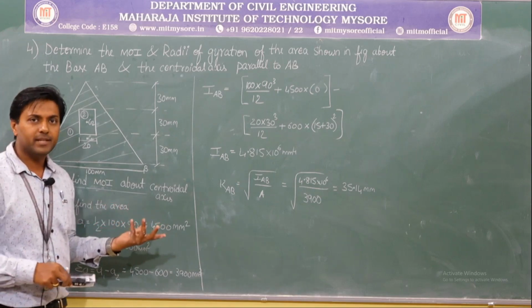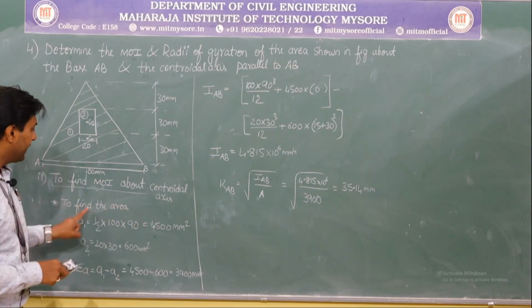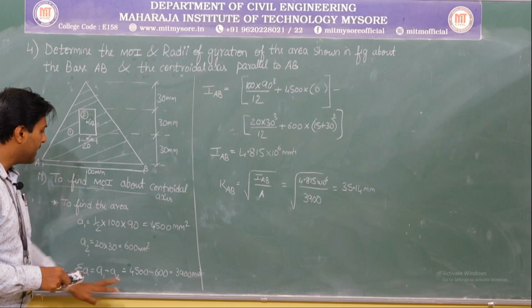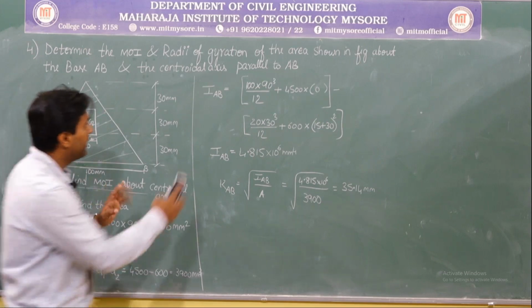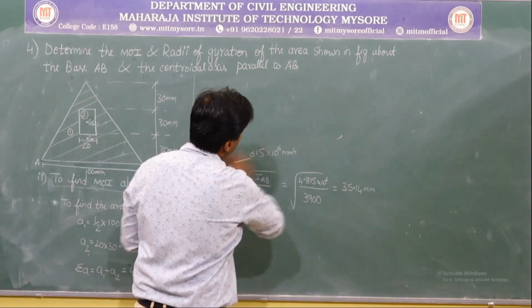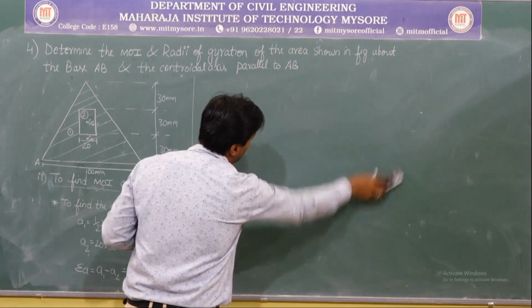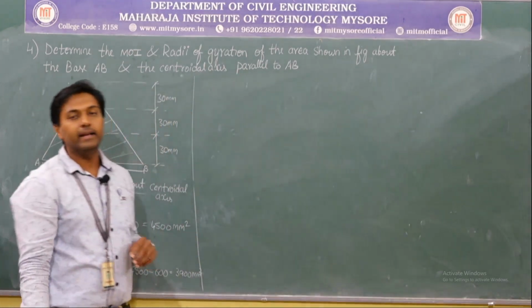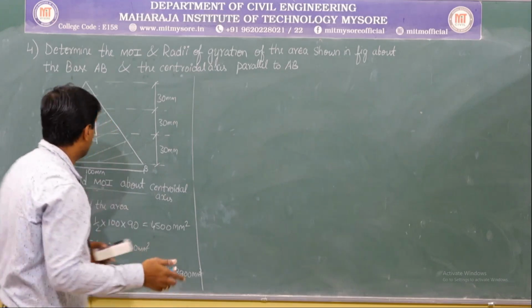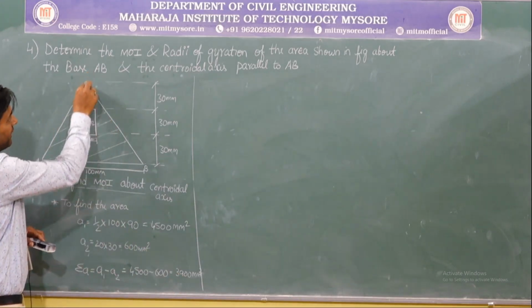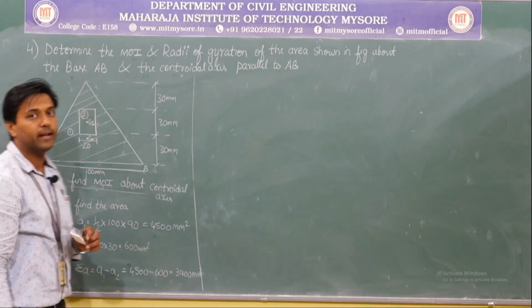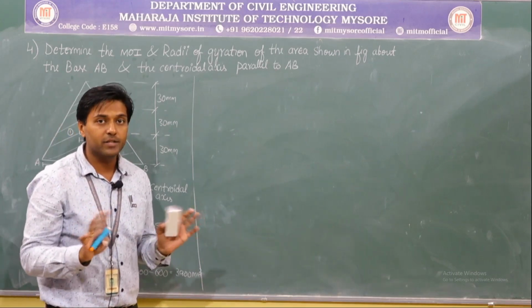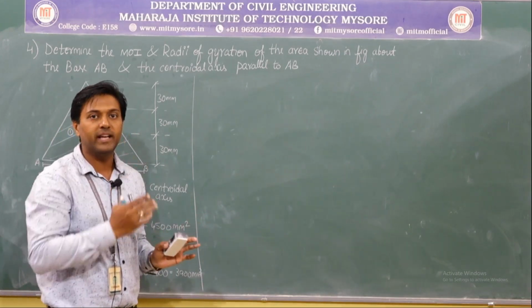The area will be the same, so to find the area, A1, A2, sigma A, everything will be the same. But from this step onwards, it changes. I need to calculate the centroid. You people know that it has a y axis of symmetry, but I will not be marking it, because they have not asked us to calculate the moment of inertia about both axes.